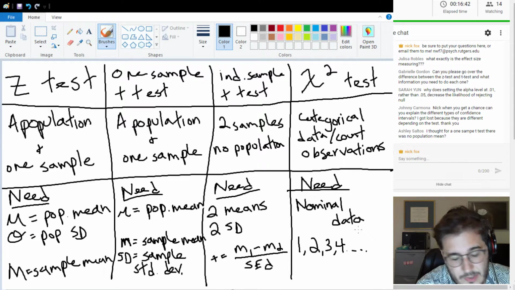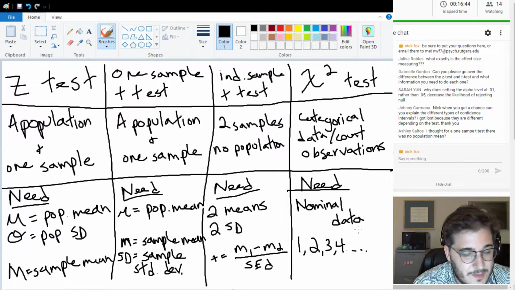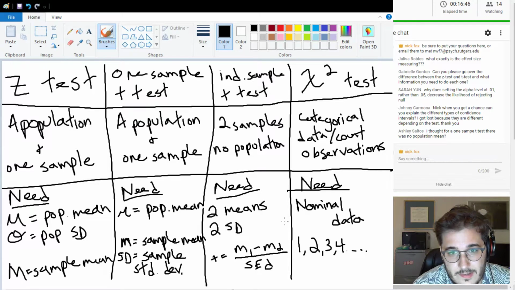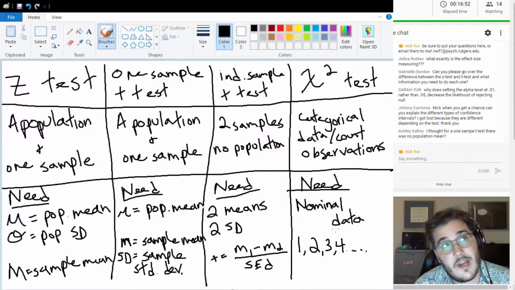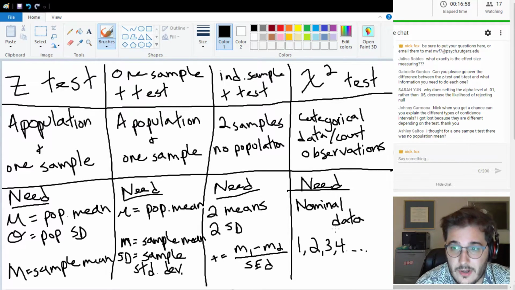So for the chi-square, you need to have this type of nominal data. So number of observations, number of count. Like if you want to count if there's a different number of fast food advertisements in rich, middle class, and poor neighborhoods, you would put the count of each number of observations like in each cell.